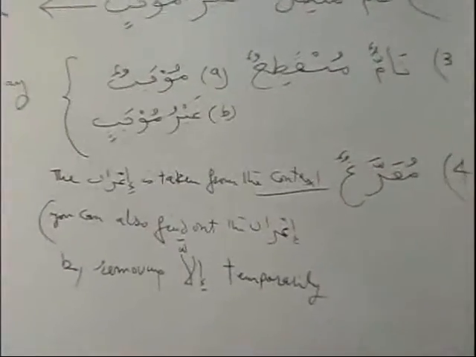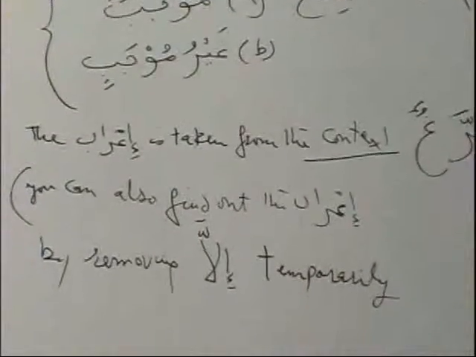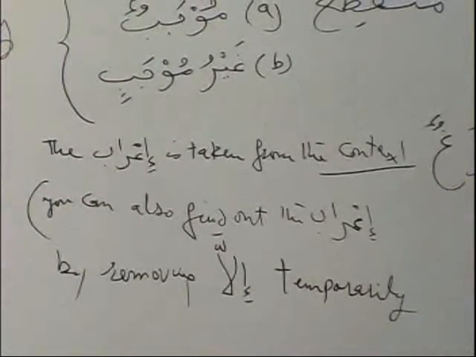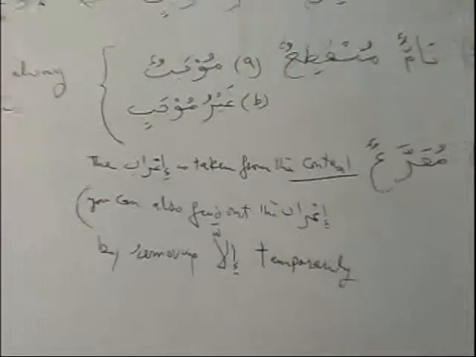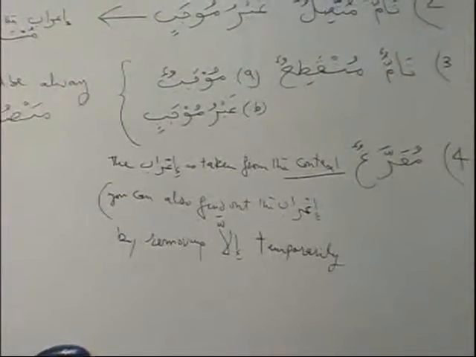What did I write down, brothers and sisters? The i'rab is taken from the context of the sentence. And there's another way of finding out the i'rab. What is that way, brothers and sisters?